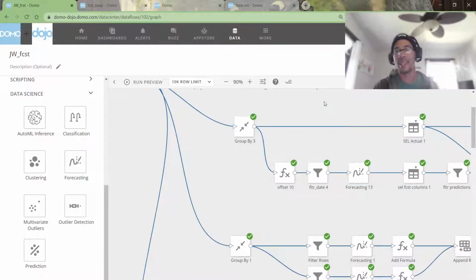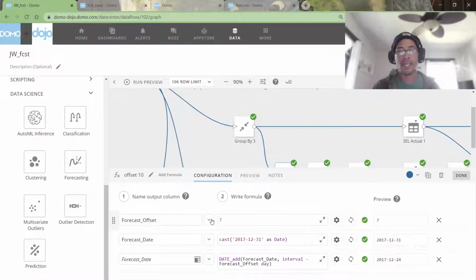The high line is, I'm going to say, hey, why don't I take a look at what I predicted at 12/24 for the next 7 days? Let me cut off my data at 12/24, and let me use Domo to forecast the 25th, 26th, 27th, 28th, 29th. And let me join in what actually happened.